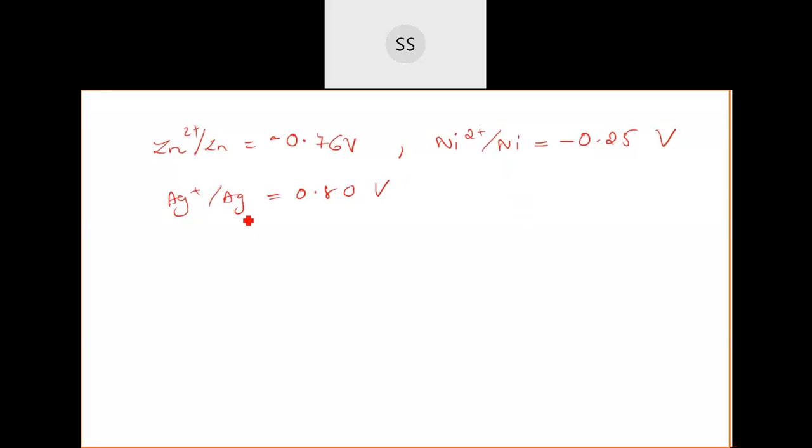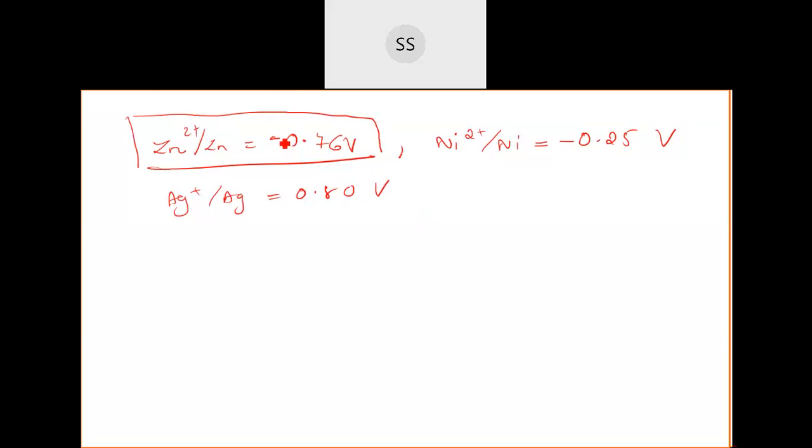Reducing means they should be able to give the electrons easily. Yes, the more negative the value, the more easily they will be able to donate that electron. Good. Zinc is the answer. A good reducing agent is one that can give the electron easily, and it will have a low standard reduction potential.